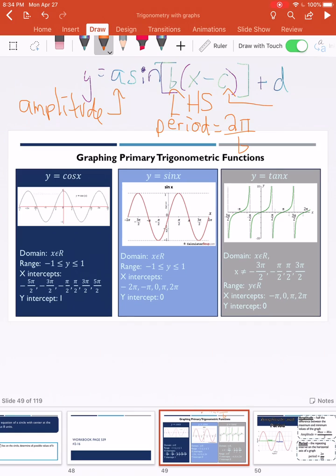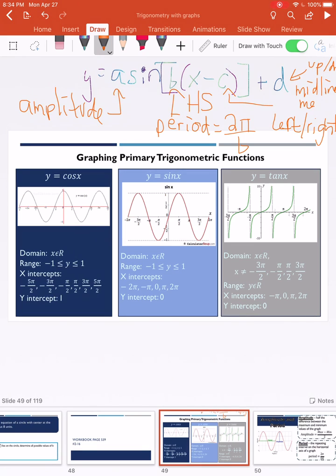C still shifts our graph left or right, and we'll be getting into this a little more in tomorrow's lesson. And the D still shifts our graph up or down, but another word that we'll be using for our D value is midline. So midline or median actually, so two words.